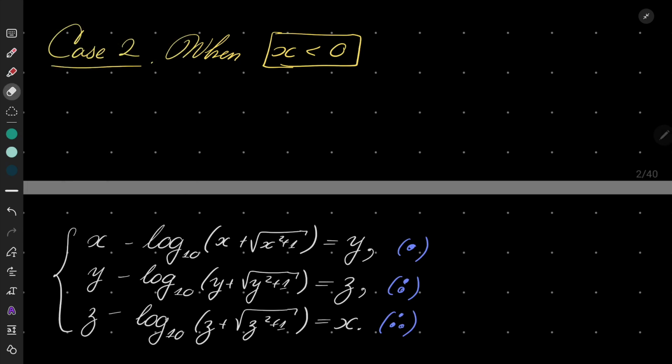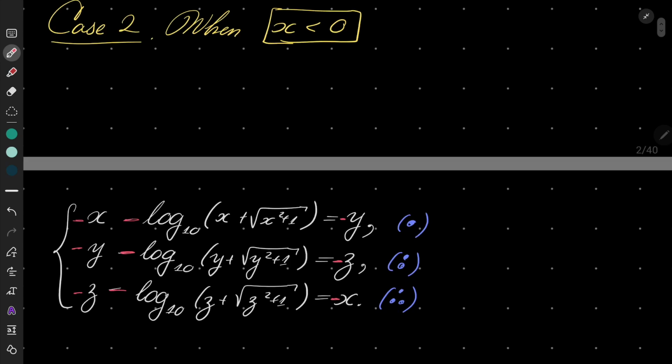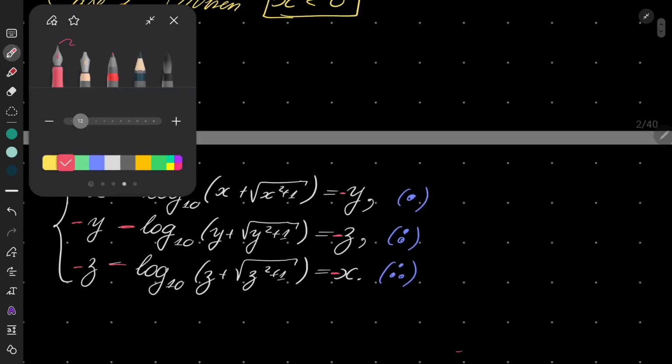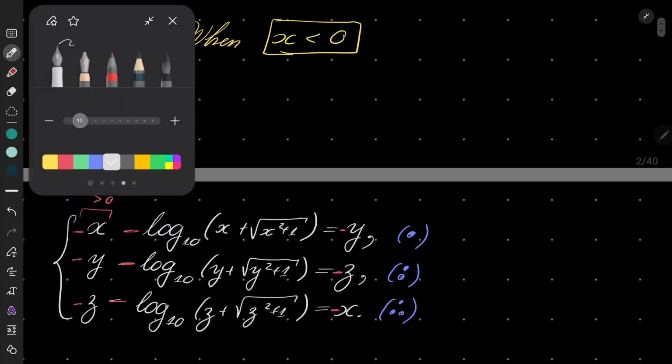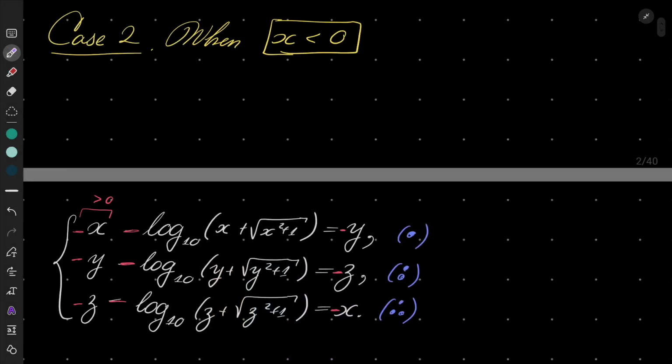In other words, I will negate both sides. So I have minus x, minus y, minus z. Very well. And now what happens? Here we have minus x. Since x is negative, minus x is positive. And moreover, I will do the following trick.